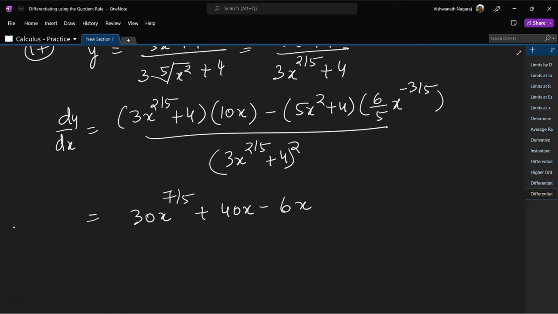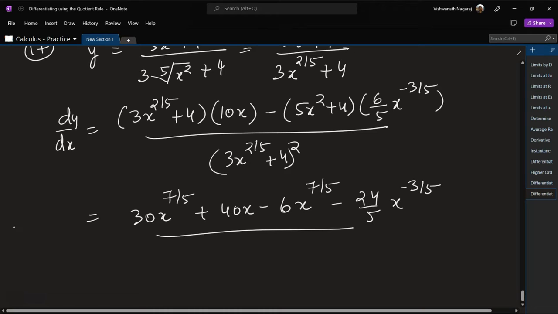So 6x to the power of 2 minus 3 by 5. 2 minus 3 by 5 is 10 minus 3, 7 by 5, minus 4 times 6, 24 by 5 x to the power of minus 3 by 5, divided by (3x to the power of 2 by 5 plus 4) square.